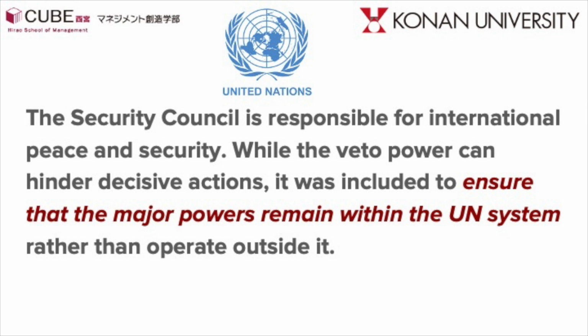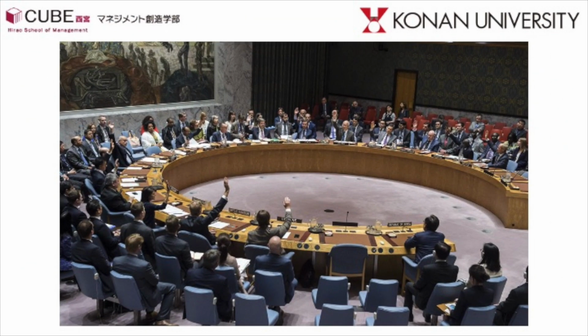So the Security Council is responsible for international peace and security. While the veto power can hinder decisive actions, it was included to ensure that the major powers remain within the UN system rather than operate outside it.